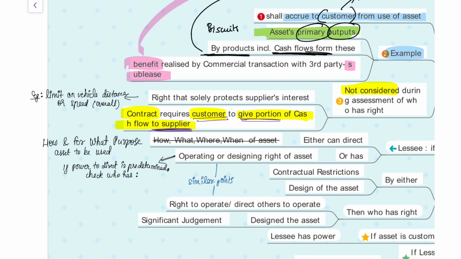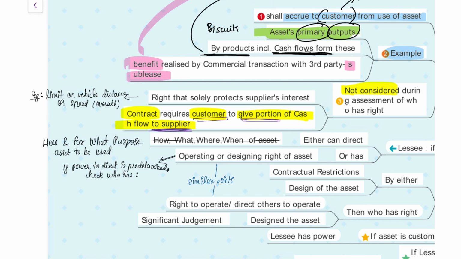Then it's okay. You can give a portion of it, but substantially the benefit should come to the lessee. You need not consider this while deciding whether the right is with the lessee or lessor. This does not matter that much.